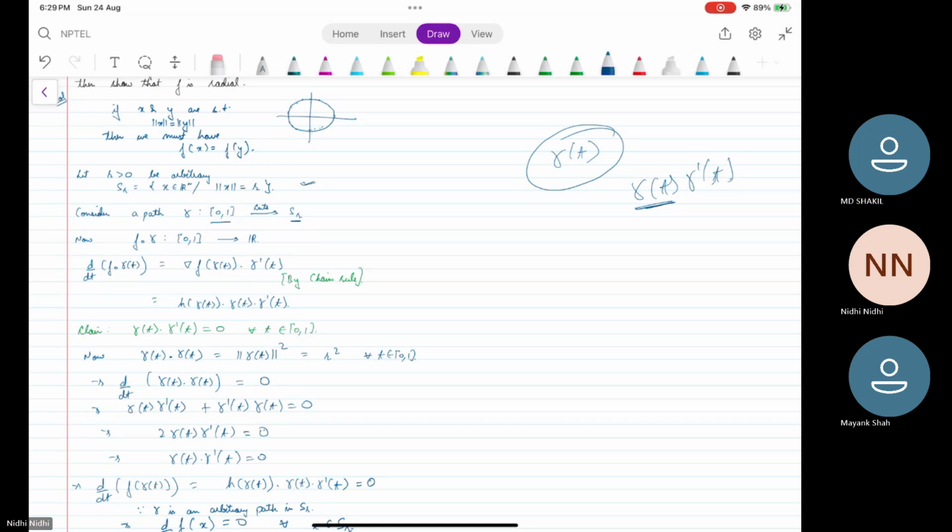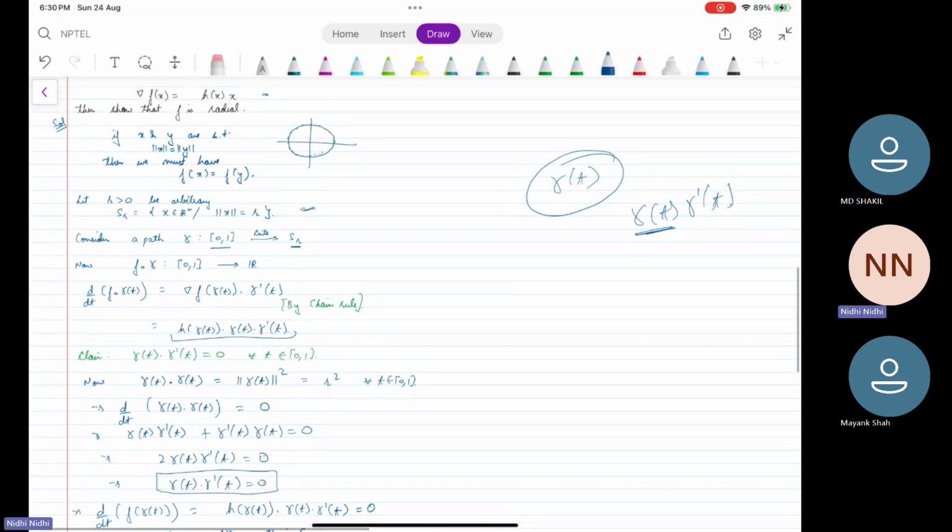Then how does h of gamma t into gamma dash t dot of gamma dash t become 0? Is this fine, that gamma t times gamma dash t will be 0?